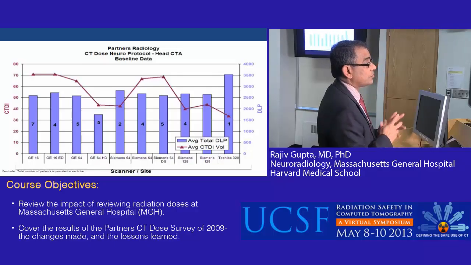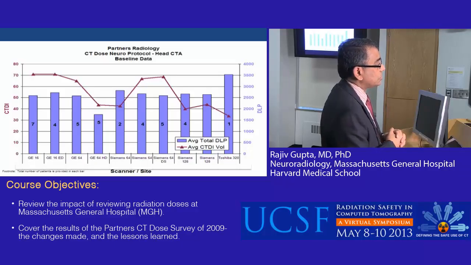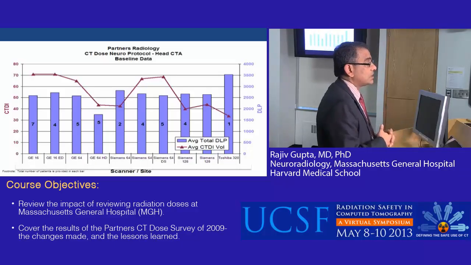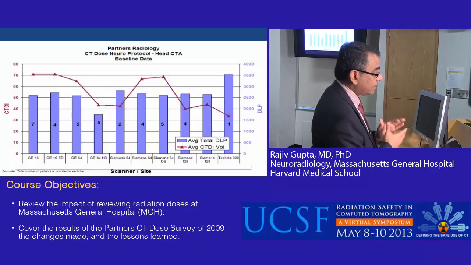So that is over a 100 to 200% change from the lowest to the highest, both in the CTDI as well as in the DLP. To me, this was unacceptable, and we systematically studied why we were having these changes.